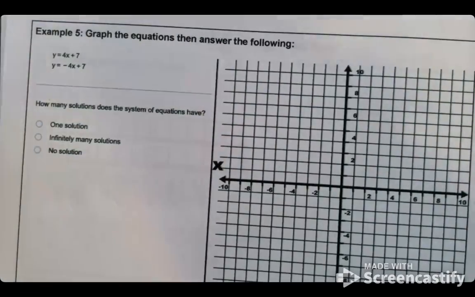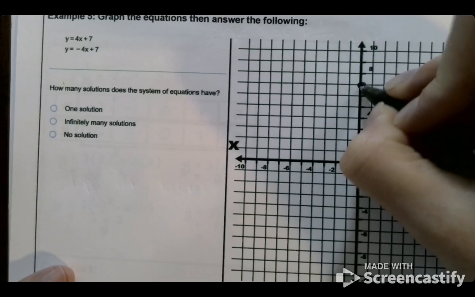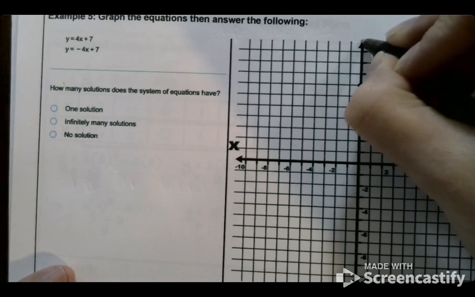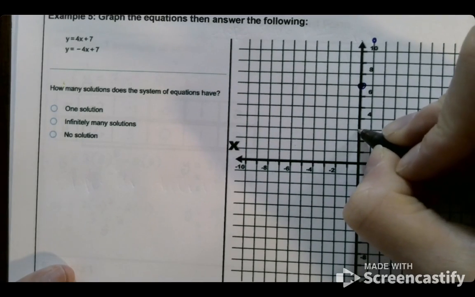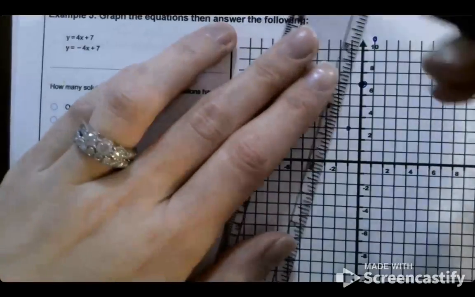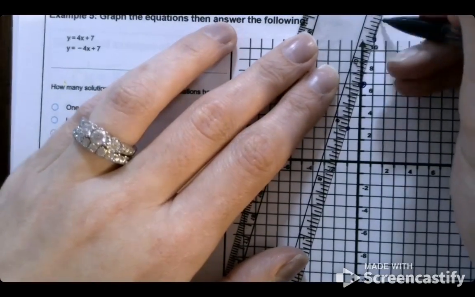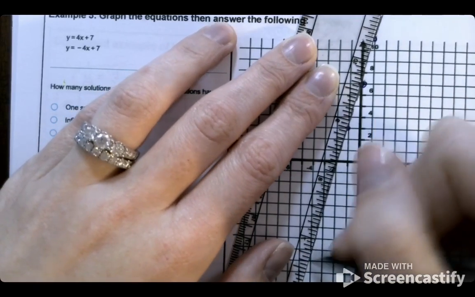Alrighty, welcome back. So we should have had our point plotted at 7, 8, 9, 10, 11. So it's kind of up here. I know it's a little bit of a struggle, but it's fine. And there's actually some of you who may be saying, well, Ms. Sherman, you don't even really need to plot that graph.